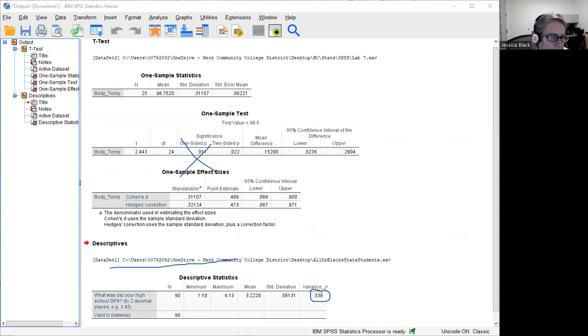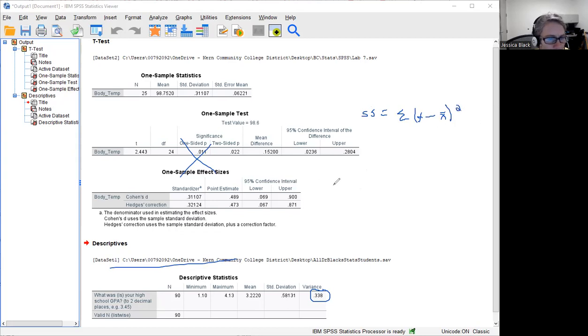So we want to use this value to solve for the sums of squares, which just refers to the sum, that's sigma, of the squared deviations. So x minus the mean of x, squared, okay?